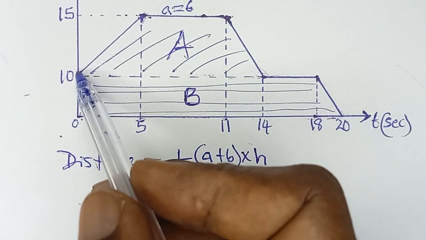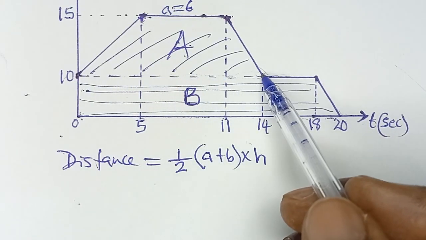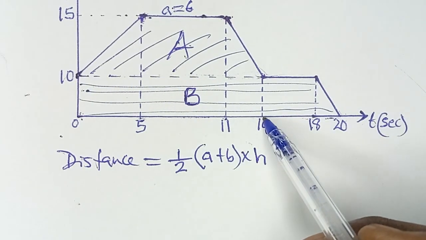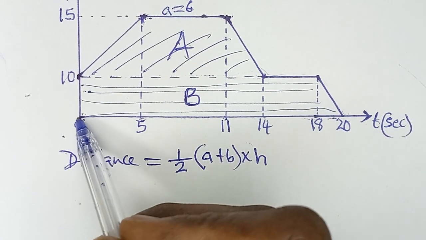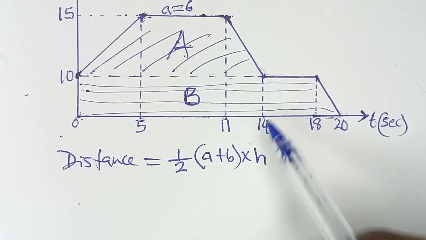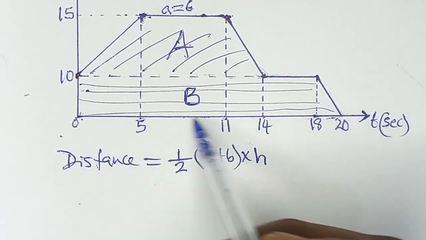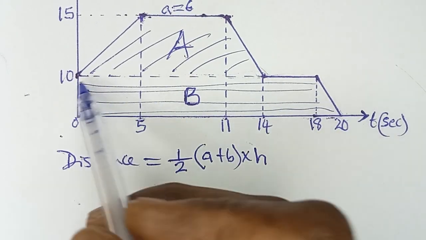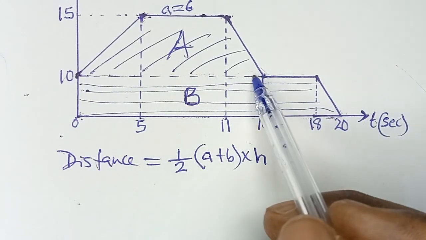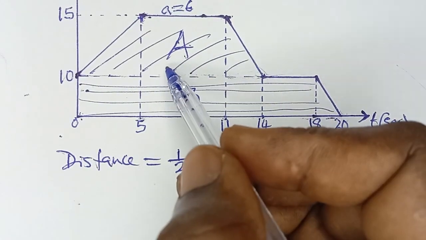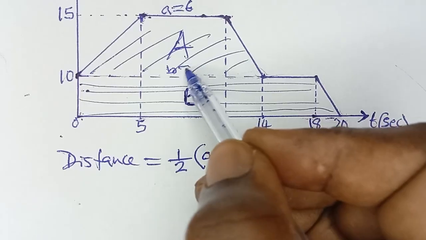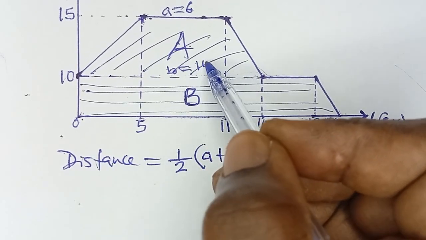And then my B, that is from here down to this place. This is 14, and this is 0. So 14 minus 0 is 14. So this full length here, 14, is also equal to this length from here to here. So I can say my B for this trapezium A is 14.